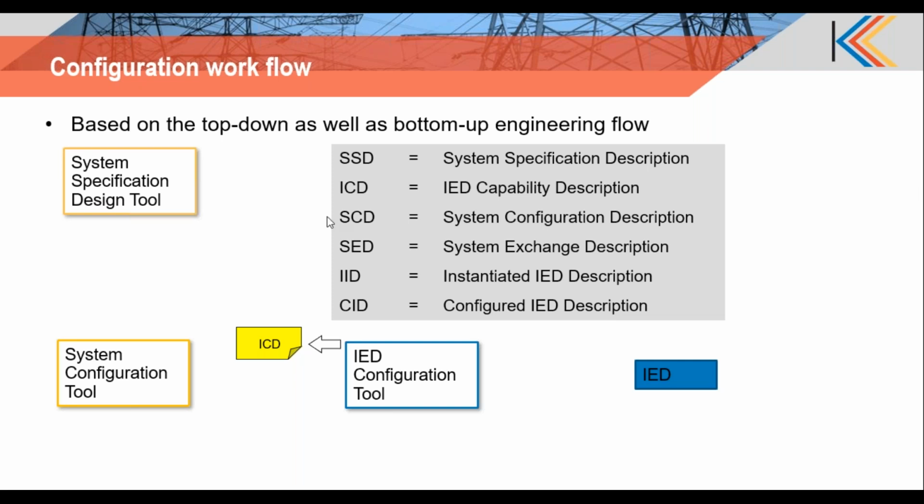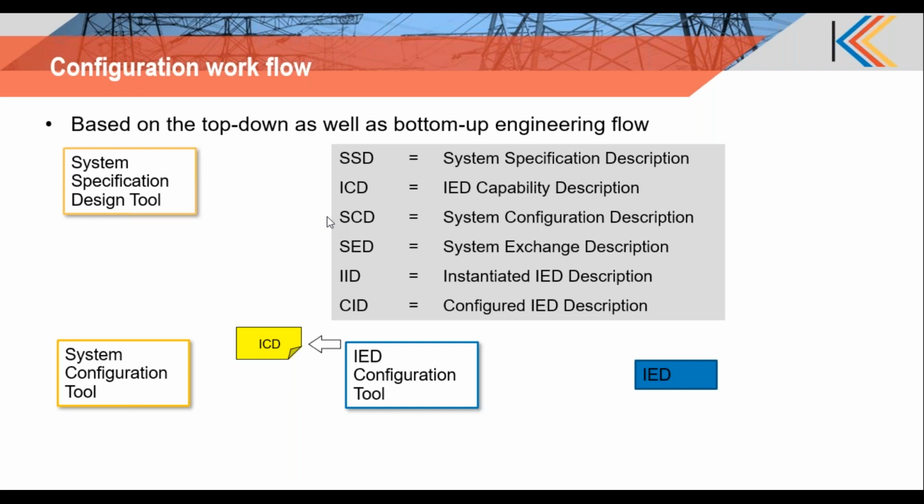Typically we have a bottom up, and if you take the case of the top down approach, the design starts with the system specification design, where a system engineer will first define the single line diagram that represents the substation.